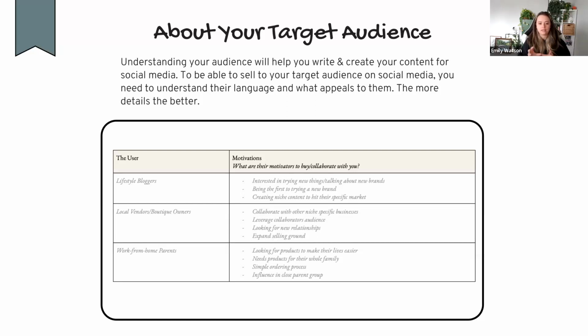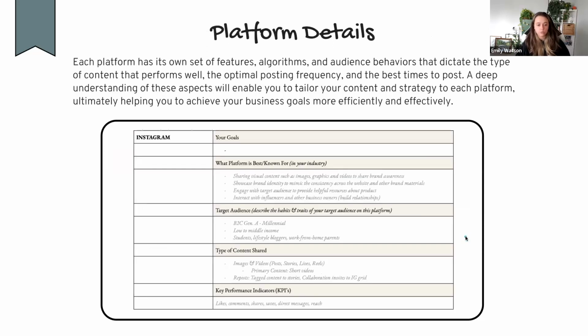Knowing your audience really is the first step when you are building out your social media strategy, because then it's going to help you with the next stages. And going into the next stages, we're then going to go into learning more about the platforms. Now we know your audience, we know what's going on. Now we want to know about the actual platforms you're going to be using, because each one is different.